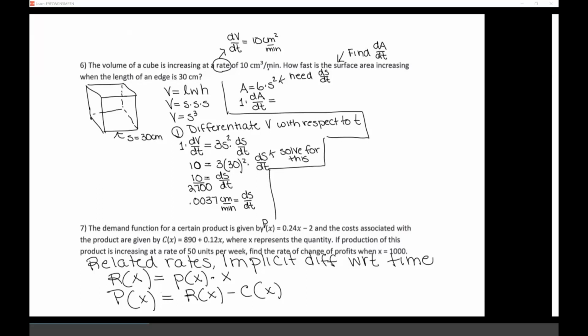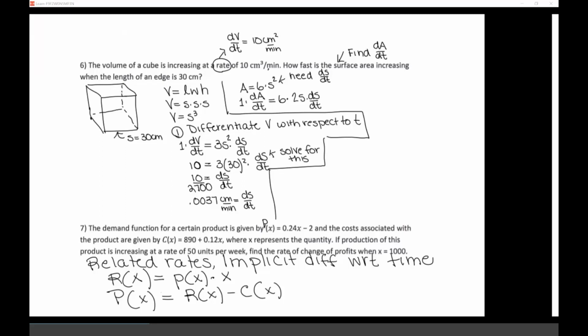I'm going to pull away the 6, and then I'm going to differentiate the s squared. That gives me 2s. And then the interior of the function is ds dt. Everybody good with that?